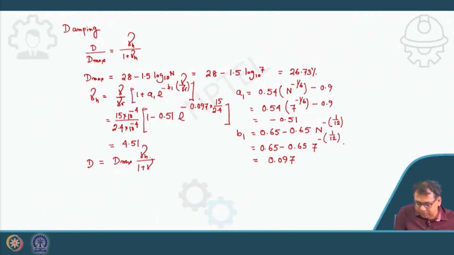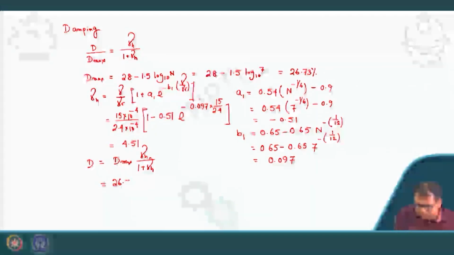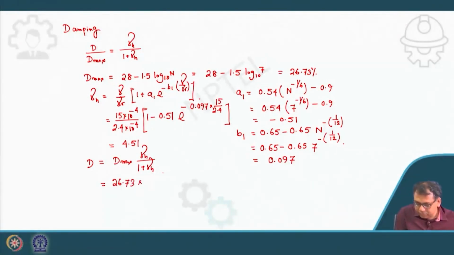So now the damping will be D max into strain H over 1 plus strain H. So D max is 26.73 into 4.51 divided by 1 plus 4.51. So this is coming out to be 21.88%. So damping means as strain increases, this D value, damping will reach D max.